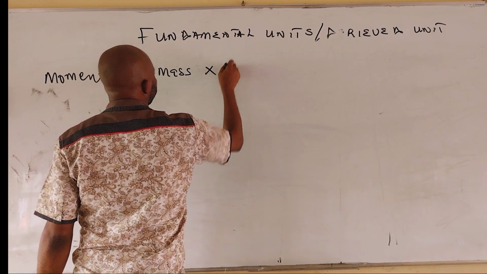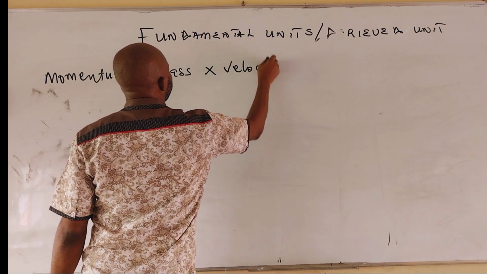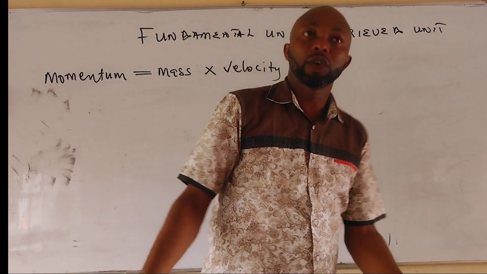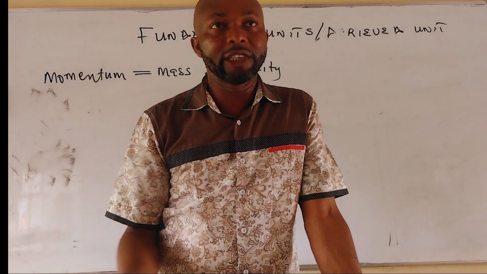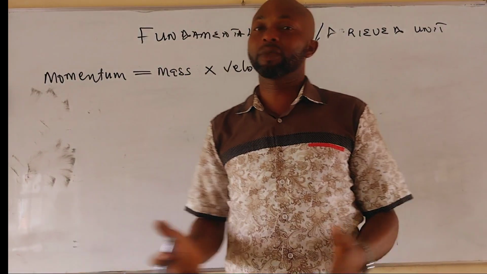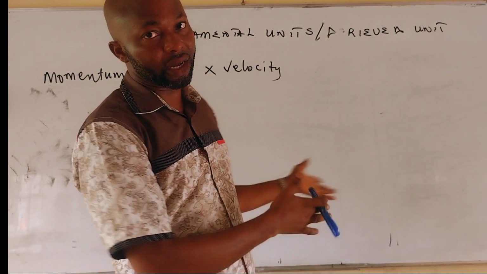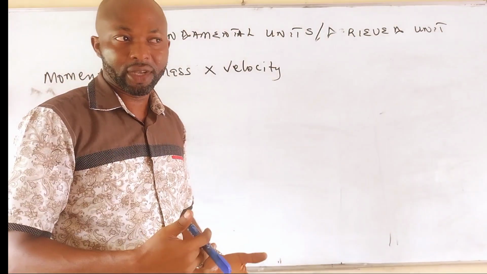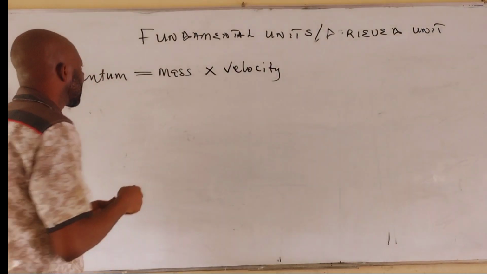Mass times velocity. So if momentum is the product of its mass times velocity, I think that one is going to be shorter because we know mass is direct kg, velocity we just move over to do our distance over time, and that's all. So we rationalize it.